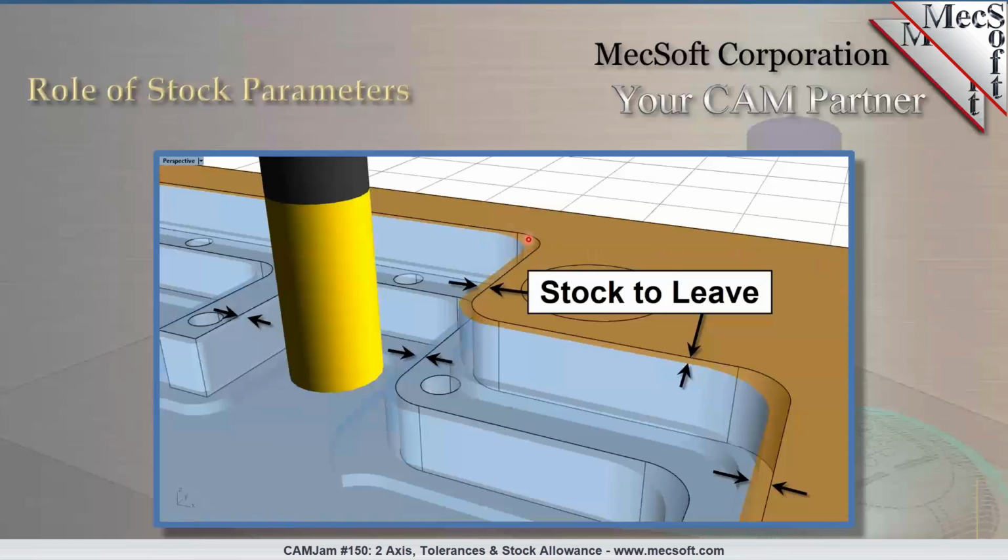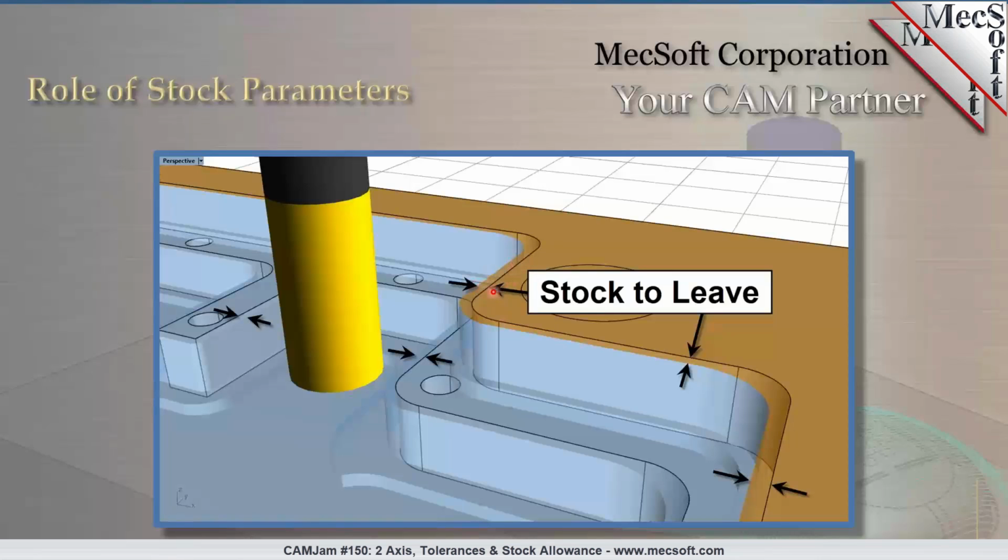This slide shows the amount of material you'd like to leave or stay away from the side walls. In 2-axis machining or 2.5-axis milling, we do not specify a floor stock because the Z, the total depth, is controlled in your cut levels as you specify the depth per cut and the total cut depth.